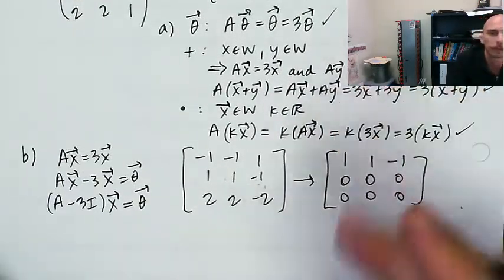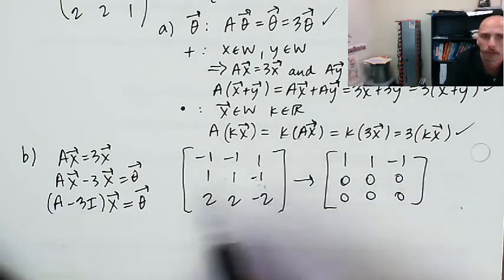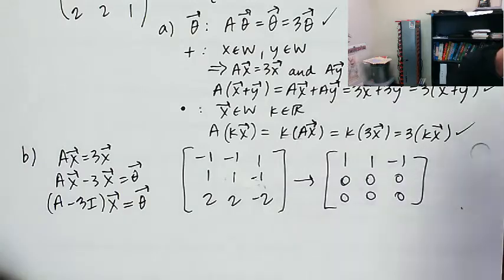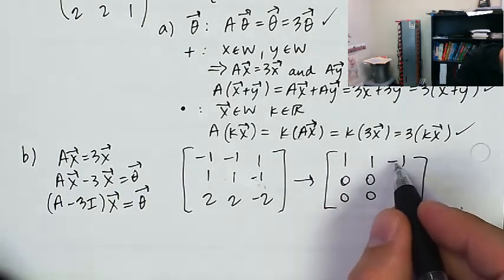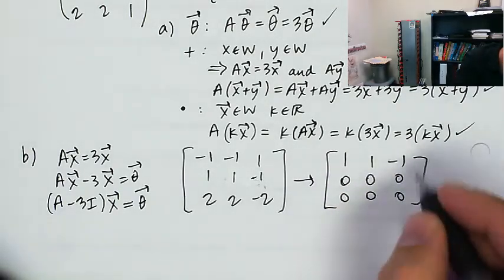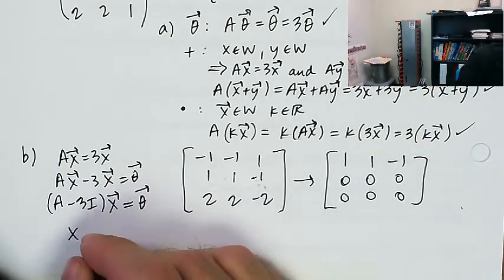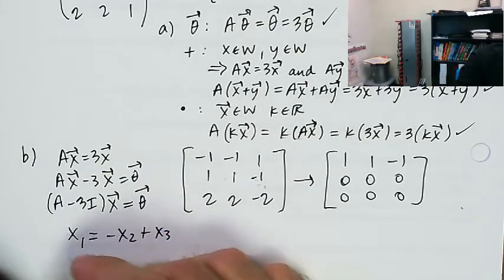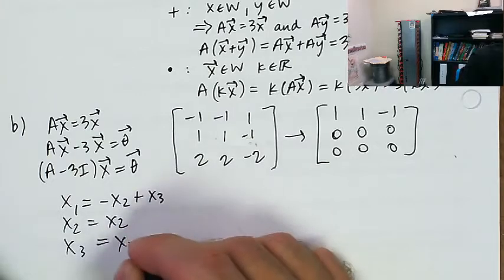Okay, and find a basis for W. Well, a basis for W is the same as the null space of this matrix, right? Because I'm looking to find the null space of A minus 3I. So I found it: x1 plus x2 minus x3 needs to equal 0 if I'm computing the null space. So x1 equals negative x2 plus x3. x2 can be whatever it wants. x3 can also be whatever it wants.